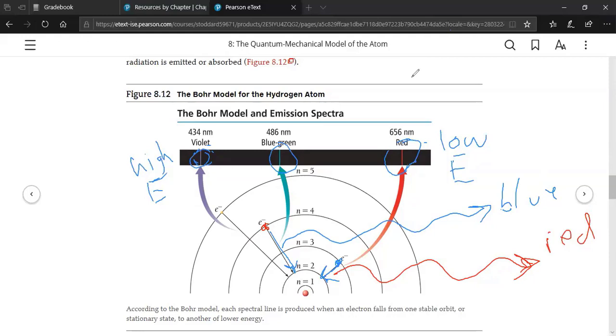The bigger the transition, the higher the energy that's going to be emitted because the electron is giving up that energy. So when you have a small gap from 3 to 2, that's less energy than that bigger gap from 4 to 2, which is less than the even bigger gap from 5 down to 2, which is where you get the purple. So when it goes from level 5 down to level 2, that's the biggest energy change that it has, and that's where you get the purple.